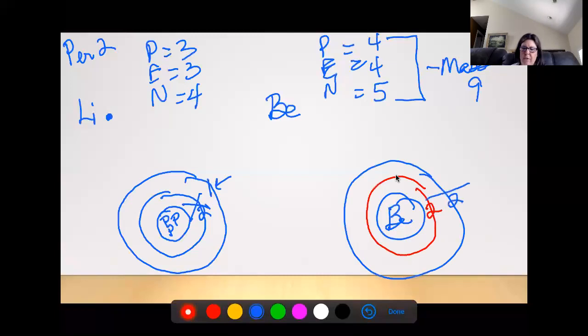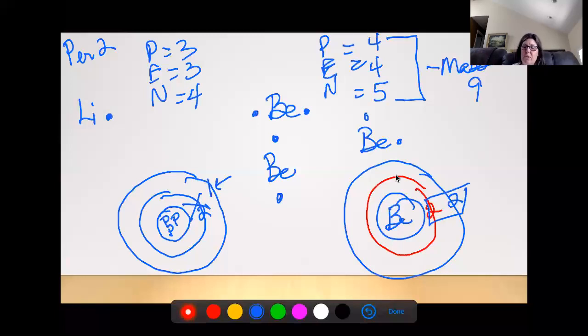So we have, here's my 4, right? Now, I am not going to pair electrons because, again, they're trying to maximize their distance. So I'm going to put them on separate sides. Now, it doesn't matter if I did it this way or if I did it this way, or in my class, I don't care if you put them together, but generally, again, we want them to space out as far as possible.